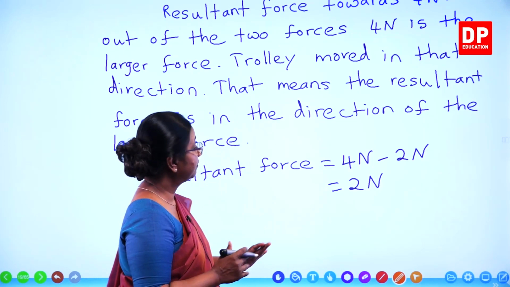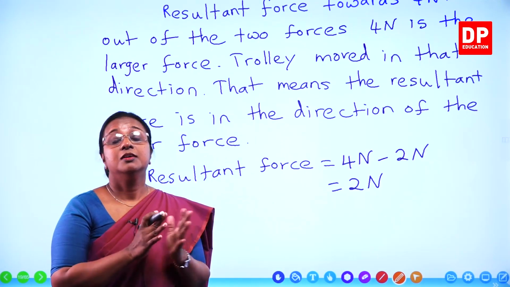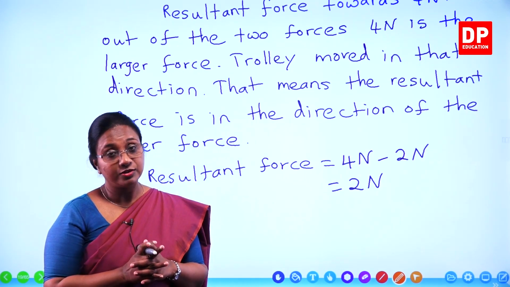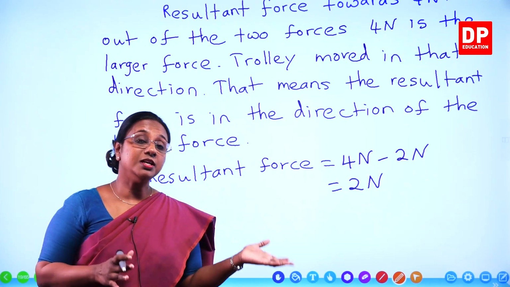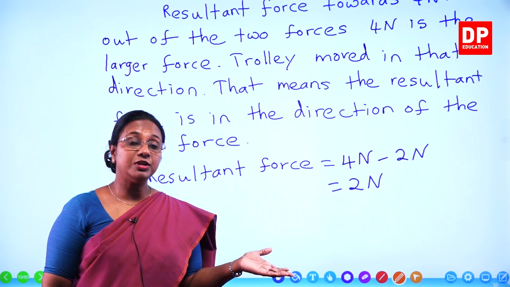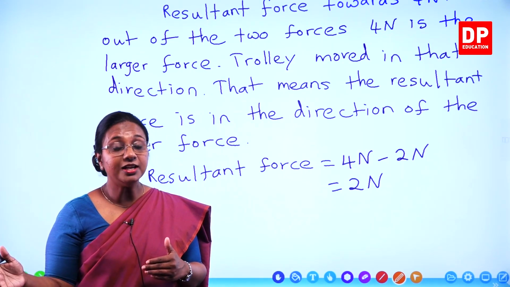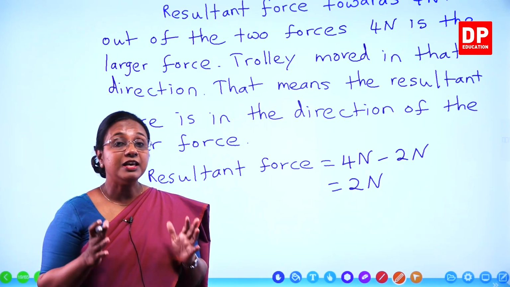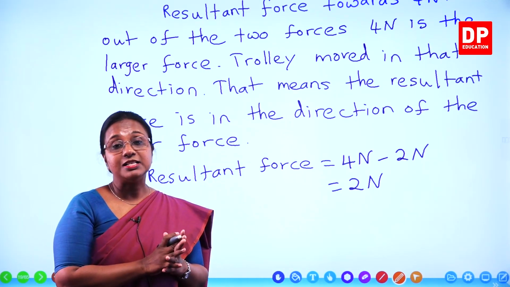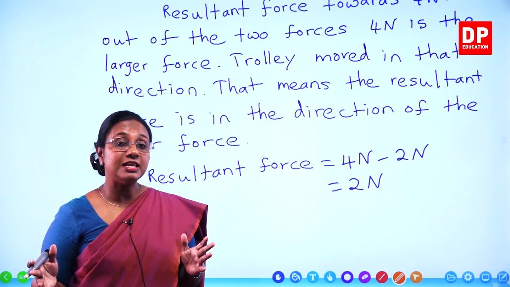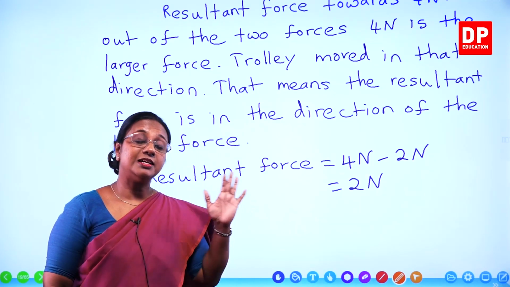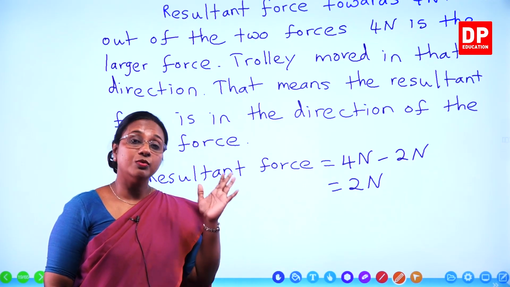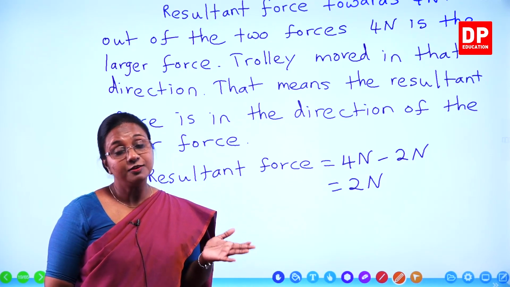The same thing when you have the two forces the other way around. Earlier, if we had Newton balance A as 4 Newton, Newton balance B as 2 Newton, trolley moves towards the direction of A. If we have 4 Newton in balance B and 2 Newton in balance A, trolley moves towards balance B. So their resultant is 2 Newton again towards the direction of the greater force.